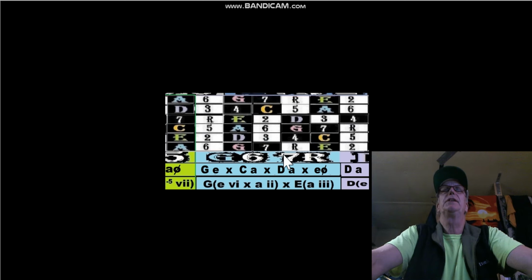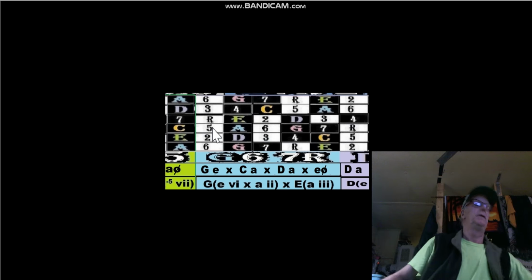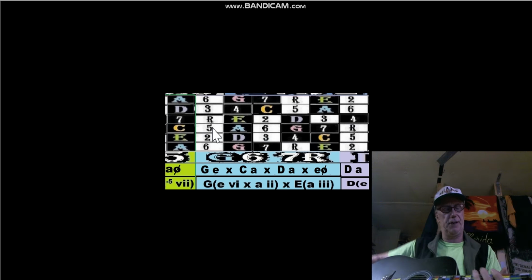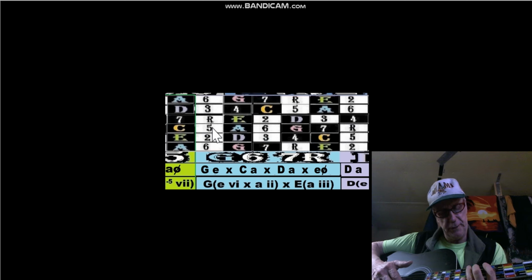Well, let's just look at this for a minute. Of course, we got a G shape, root 3 5. Root chord, root 3 5, root 3 5, G triad arpeggio right there. If I start on A as the 6th, I've got my G shape with C as the root.